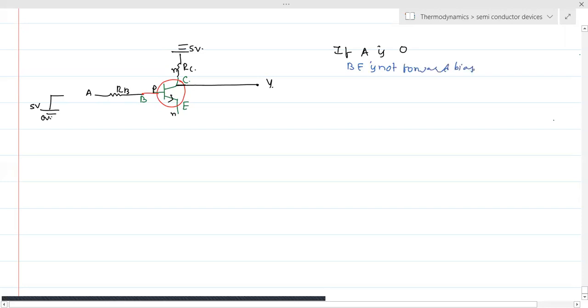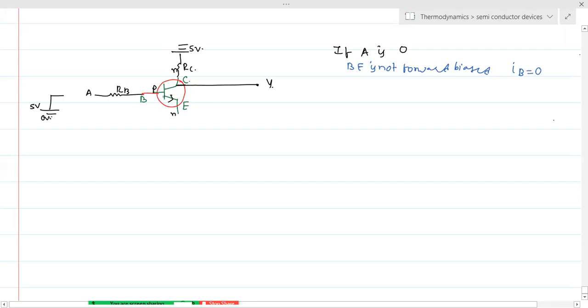When it is not forward bias, we take IB equivalent to 0, because base is the input. When IB is equivalent to 0, automatically IC is equivalent to 0.